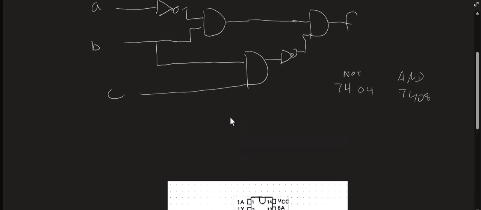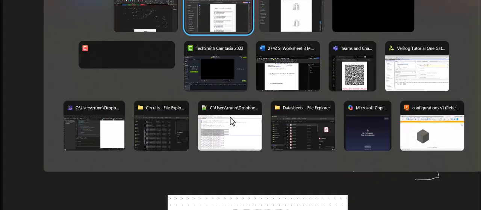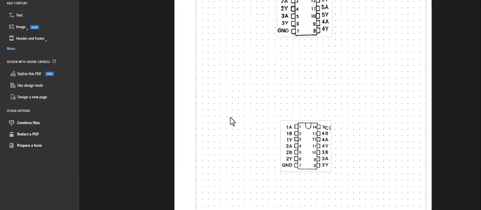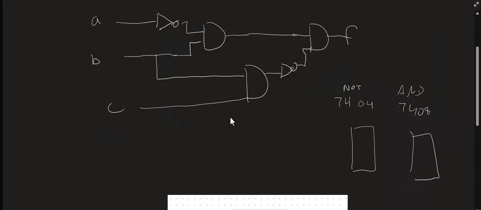I will say, since my AND gate chip is a quad, it has 4 gates on it, and they will all be on the same chip, and my NOT chip has 6, so I certainly have enough for that.